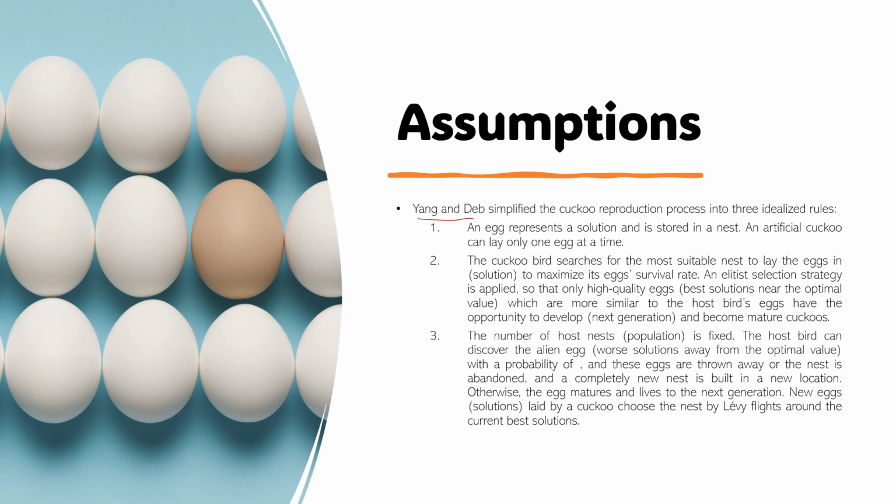You also have another assumption: the number of host nests is fixed. Actually, we consider these nests as the population. First of all, say for example, 5 random solutions will be generated, so 5 values of x will be generated.